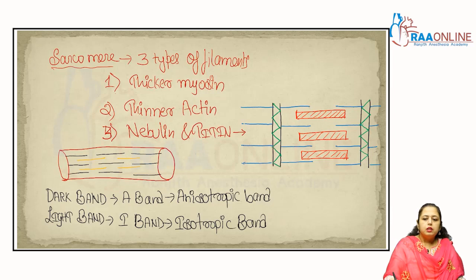Clear? In the A band, actin and myosin both are present, but in the I band only actin filaments are present, right? One line bisects and goes through the middle of the A band, that is called the M line, which is known as the membranous line, right?